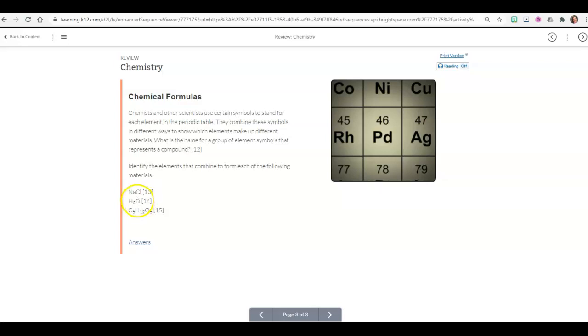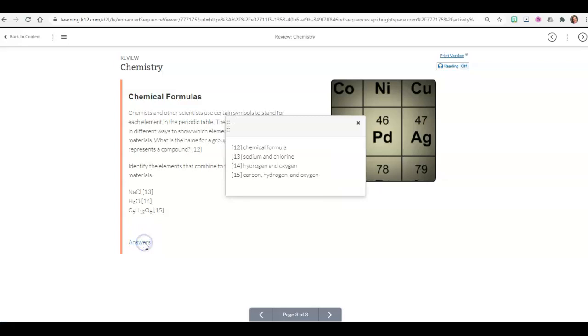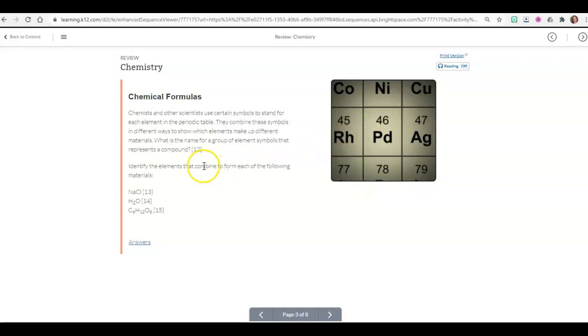And then this one we have hydrogen, 2 hydrogens and an oxygen. And for this sugar or glucose molecule, we have carbon, 6 of those, hydrogen, 12 of the hydrogens, and 6 oxygens. So it's just breaking down what you are seeing. So it's asking you what are the elements you're looking at. You're just naming the elements you see.